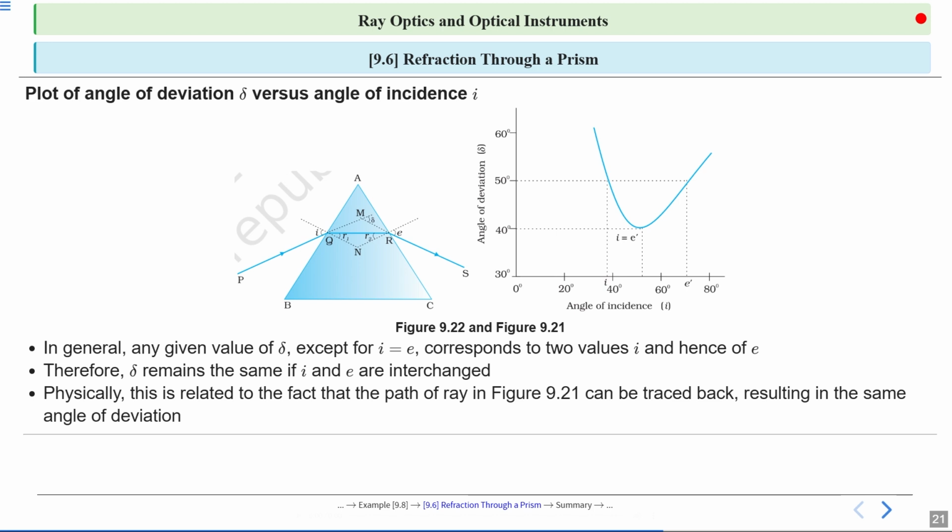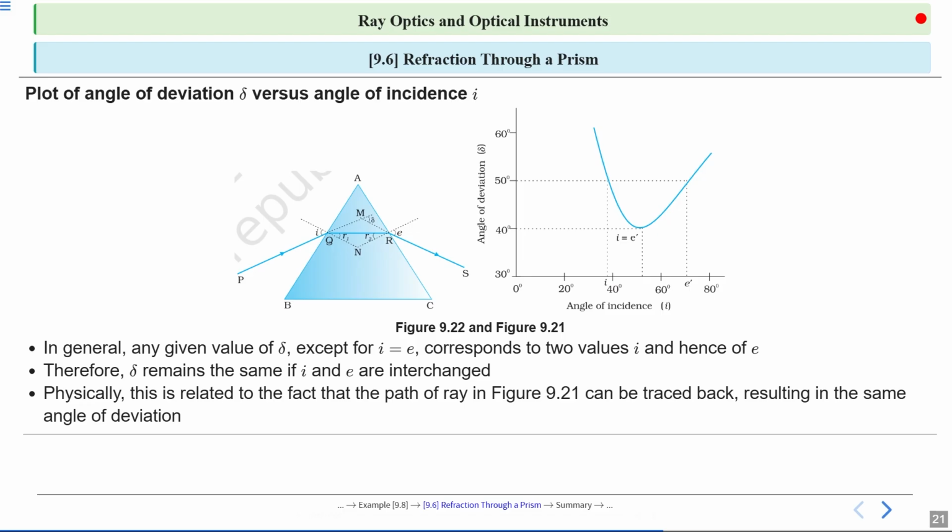So what is their physical significance? We know that light rays follow the principle of reversibility. If we reverse the path of a ray at any point after it experiences a number of refractions and reflections, the path of the ray is exactly reversed.